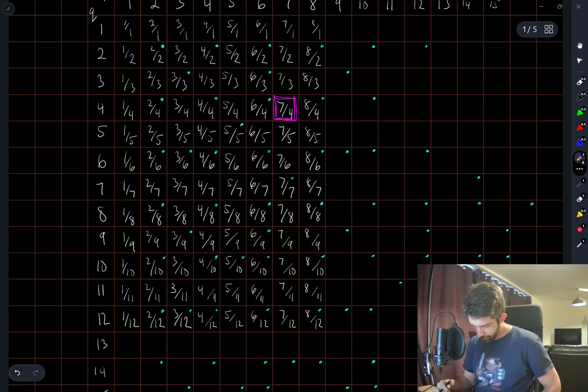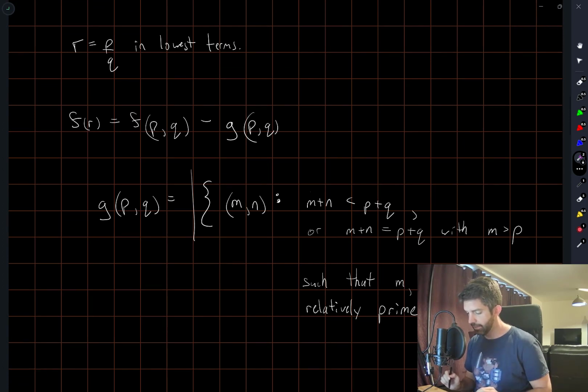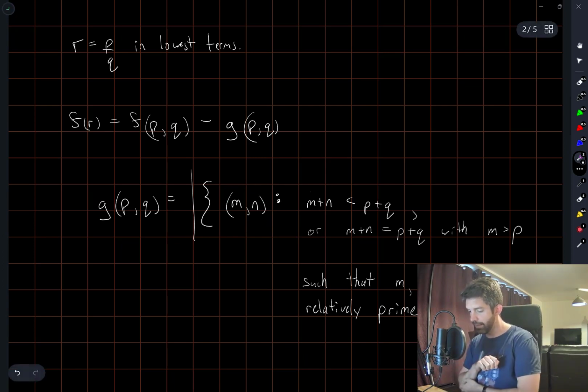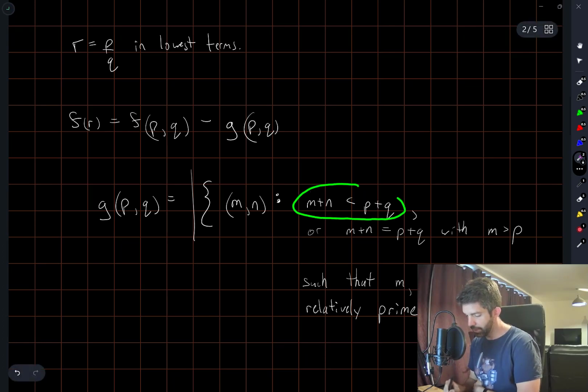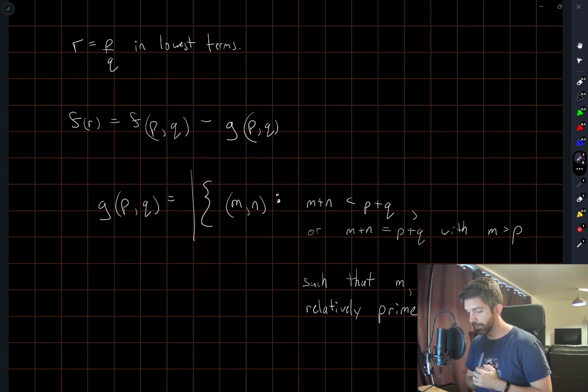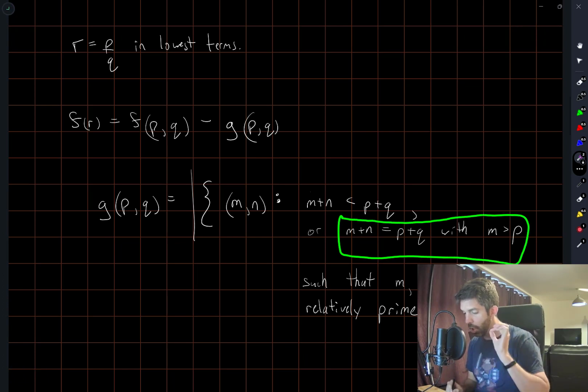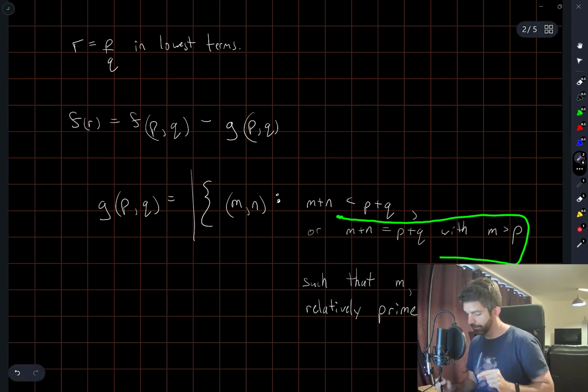So what have I done here? I've basically defined the set of all ordered pairs where the square has to be removed. First, this here defines the ordered pairs that are to the top left of the diagonal corresponding to P Q. And this corresponds to the ordered pairs that are on the same diagonal, but to the top right on that diagonal.